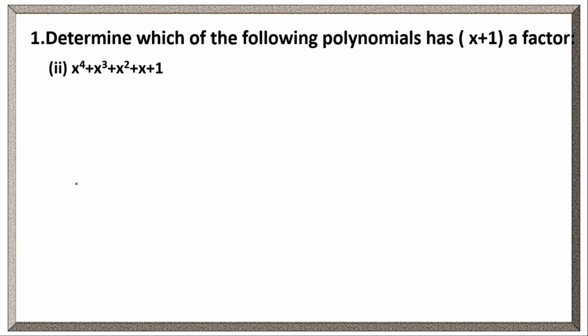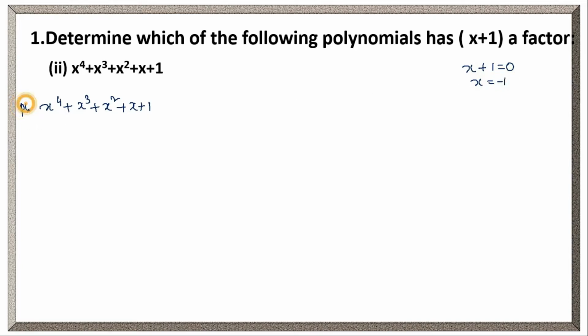Let us see the second bit. The given polynomial is x to the power of 4 plus x cube plus x square plus x plus 1. Right? Now, the zero of the divisor, we know, is x equal to minus 1.